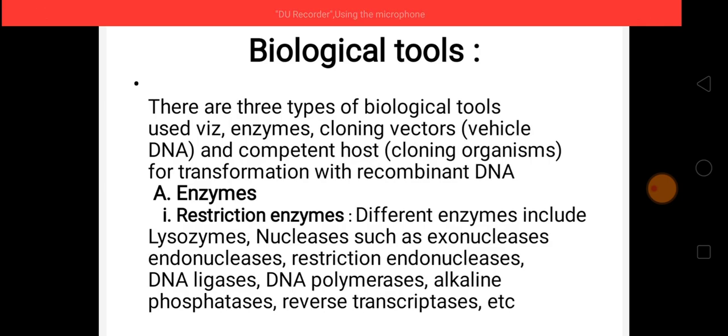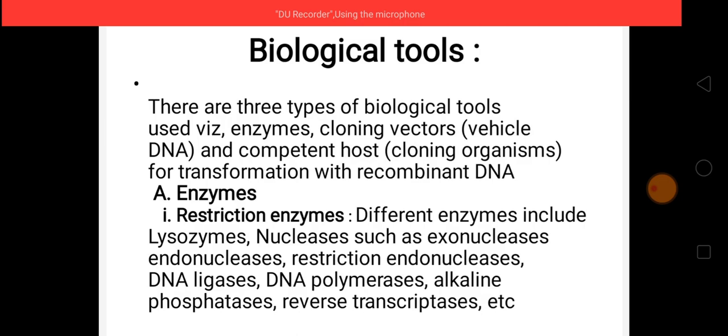During the methodology or processing of rDNA technology, some biological tools are required. There are three types of biological tools: enzymes, cloning vector or vehicle of DNA, and competent host, that is the cloning organism.